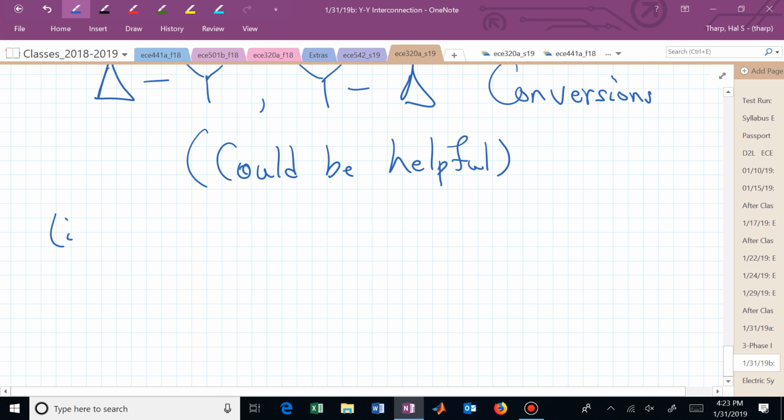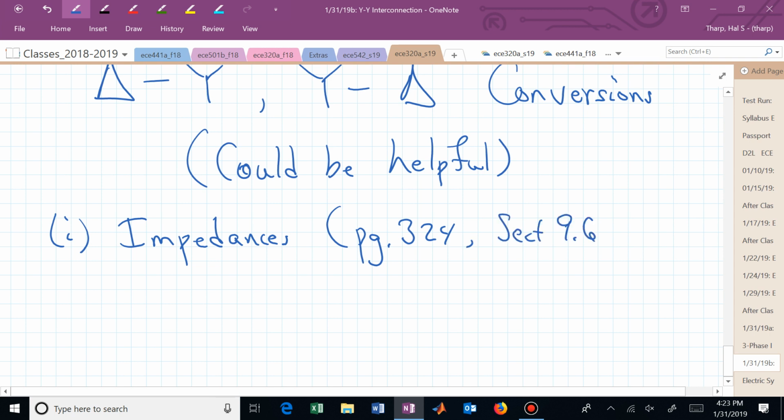And if you're looking for impedances to do that conversion, then in the 10th edition of the book, that's back in chapter 9, in section 6.